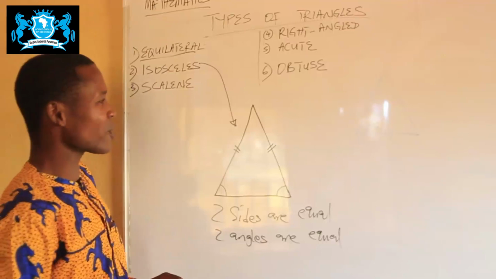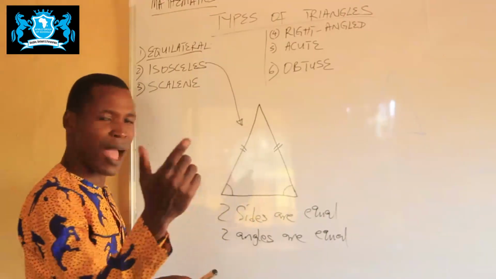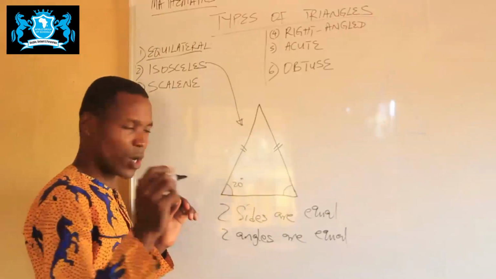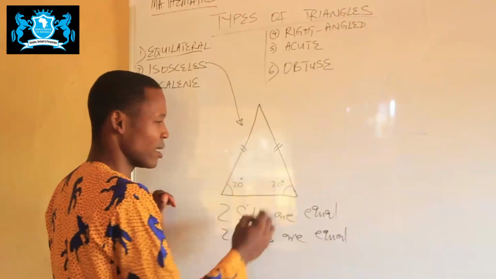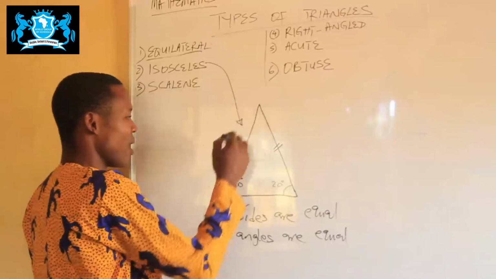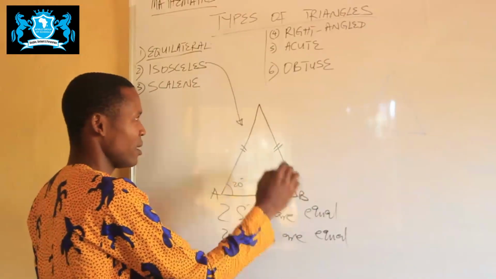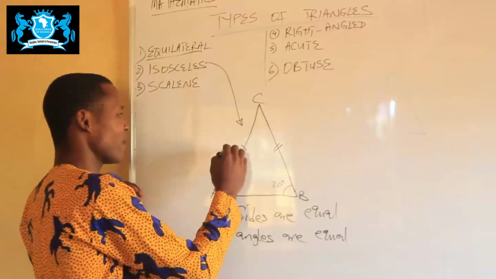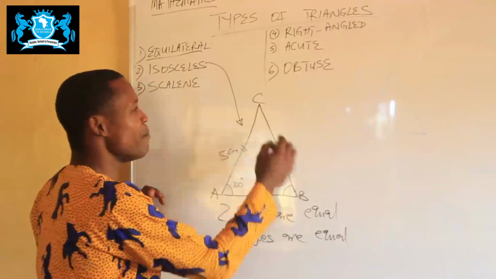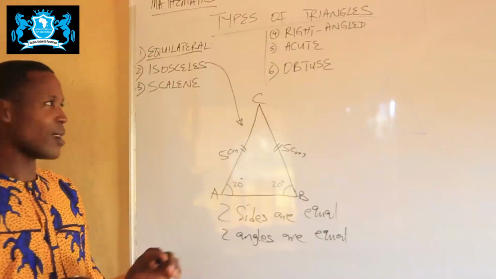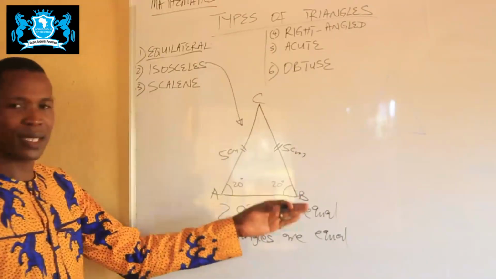Now, if we have an isosceles triangle, if they give you, for instance, that here is 20 degrees, it also means that here will be 20 degrees. If we have A, B, C, and they give you that AC, from here to here, is 5 cm, it also means that BC will be 5 cm. That is it for an isosceles triangle.